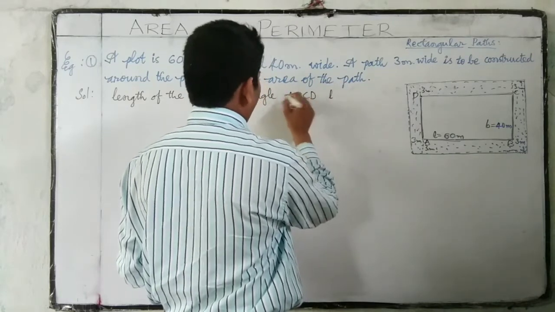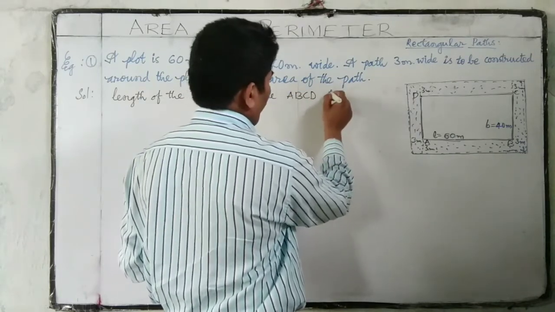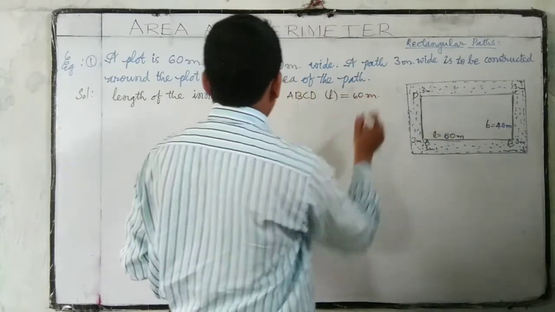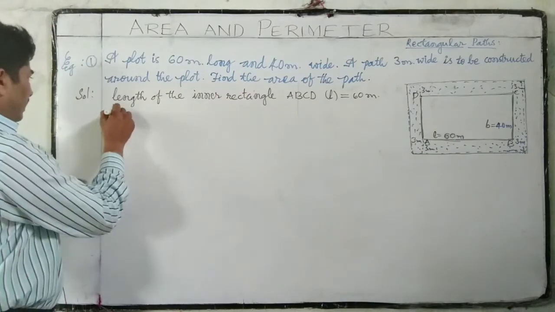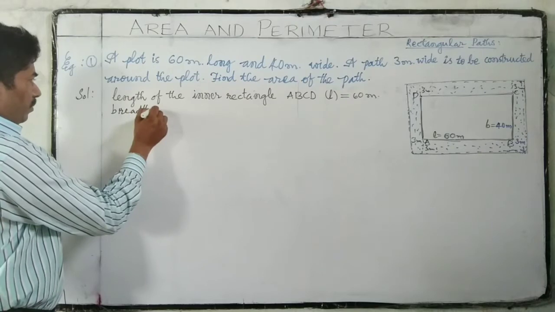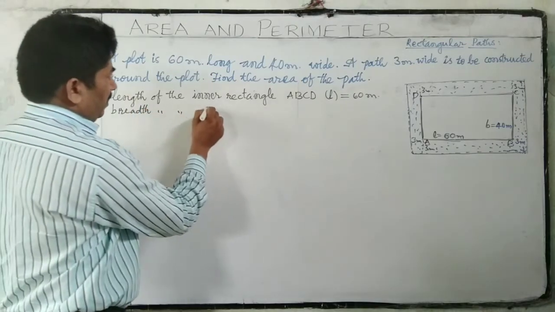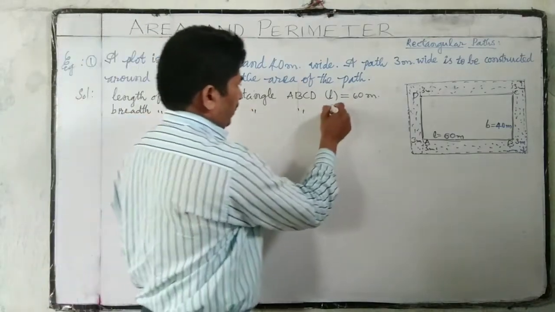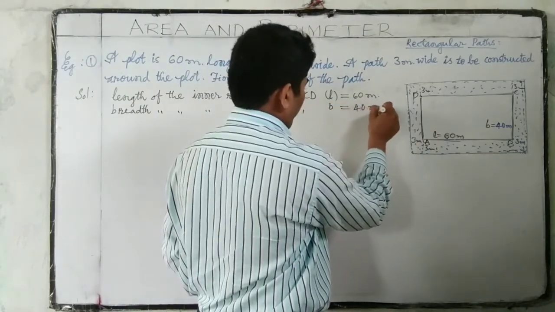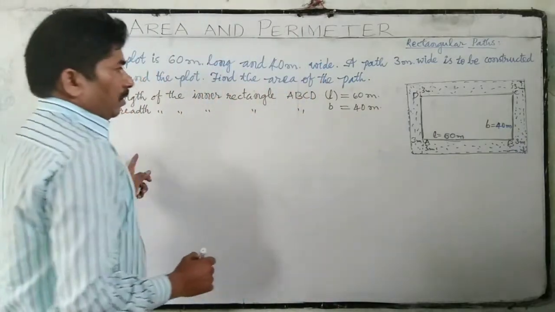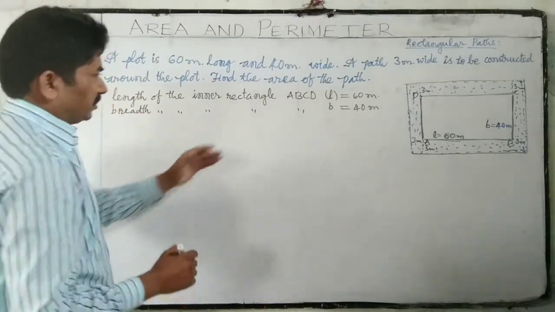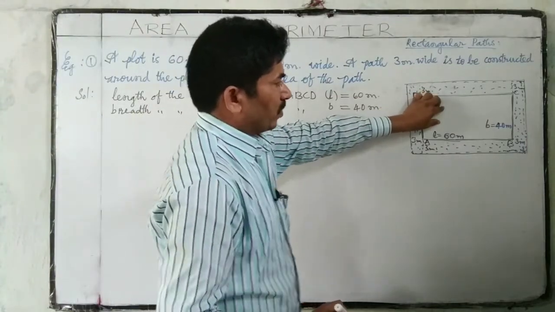L, inner rectangle ABCD, L is equal to 60 meters is given, and breadth of the inner rectangle ABCD, b is also given 40 meters. And also now we can find area of this inner rectangle.